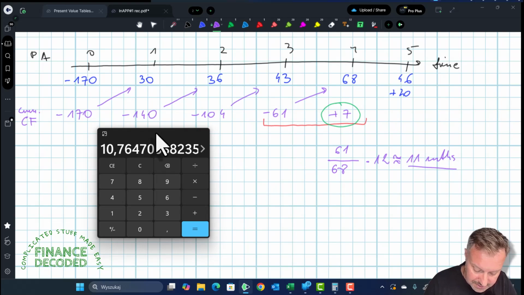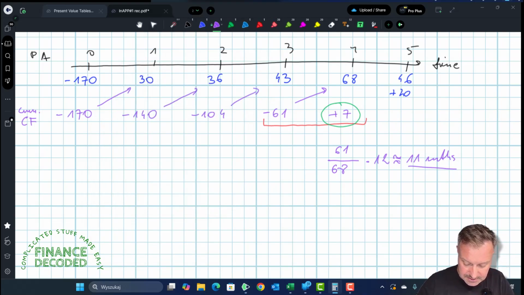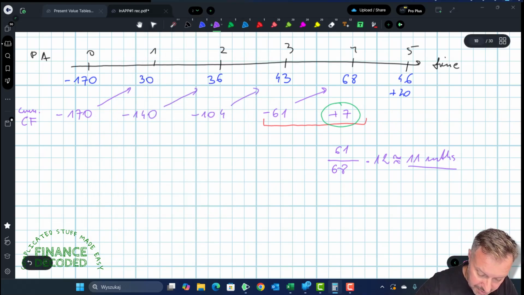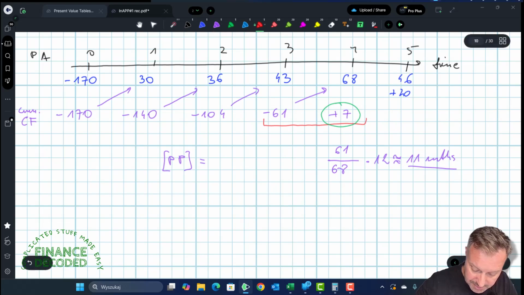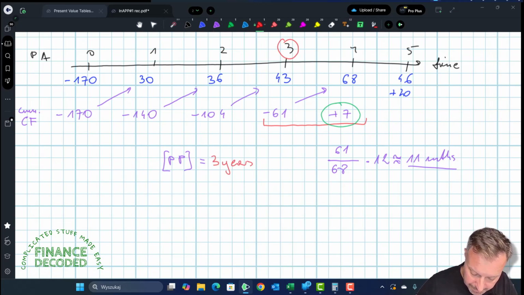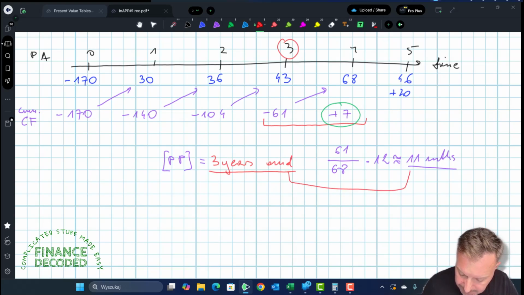I can write that the payback period, or PP as it is very often abbreviated, is going to amount to 3 years and 11 months.